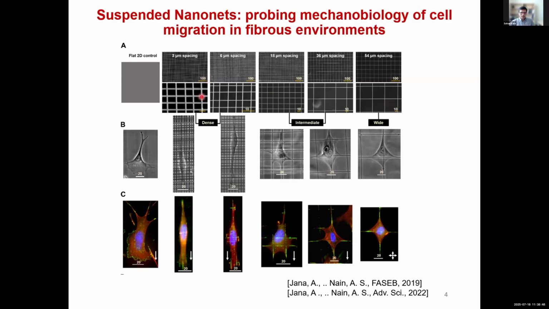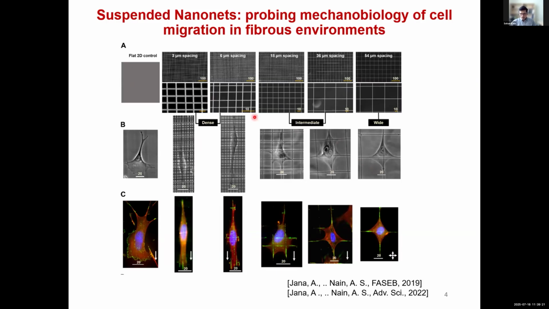What is basically seen is that as the fibers get denser and denser, the cell behavior is closer to what we observe on 2D flat surfaces. But as the fiber spacing increases, the cells behave differently, and in some cases it is reminiscent of how cells interact in a 3D fibrous environment.